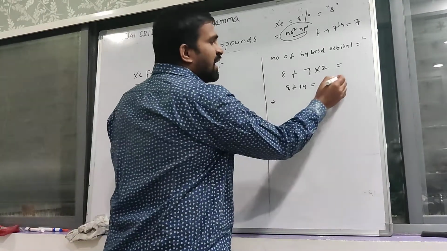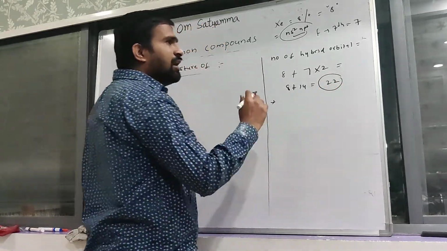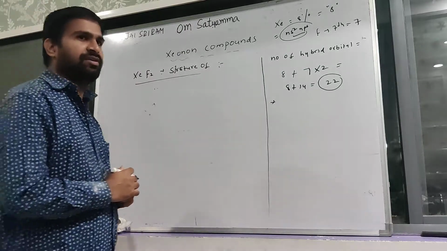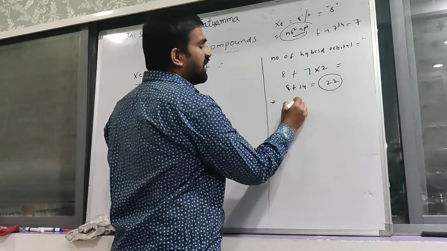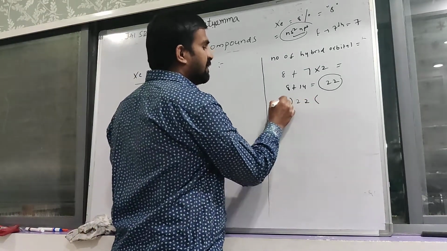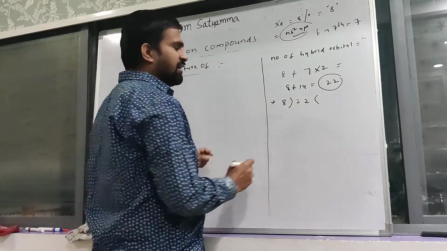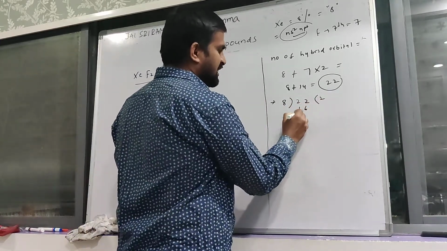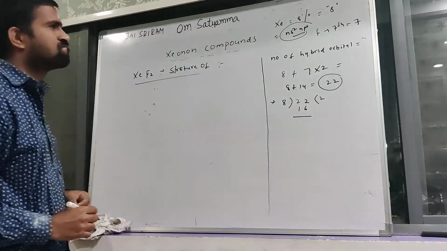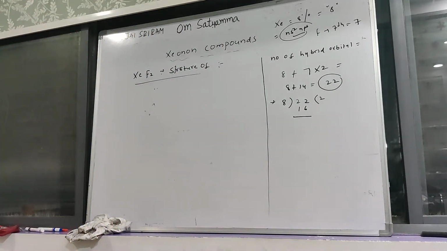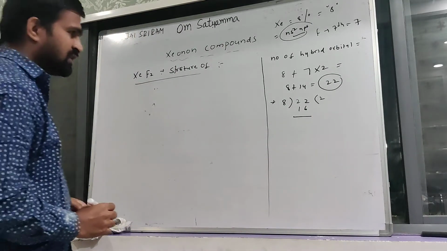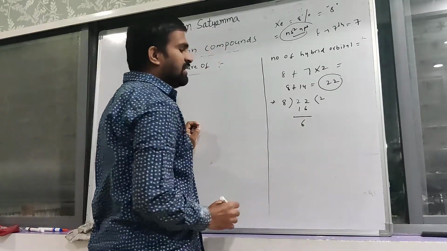This value is present between 9 to 56, so you divide by 8. 8 twos are 16, remainder 6.